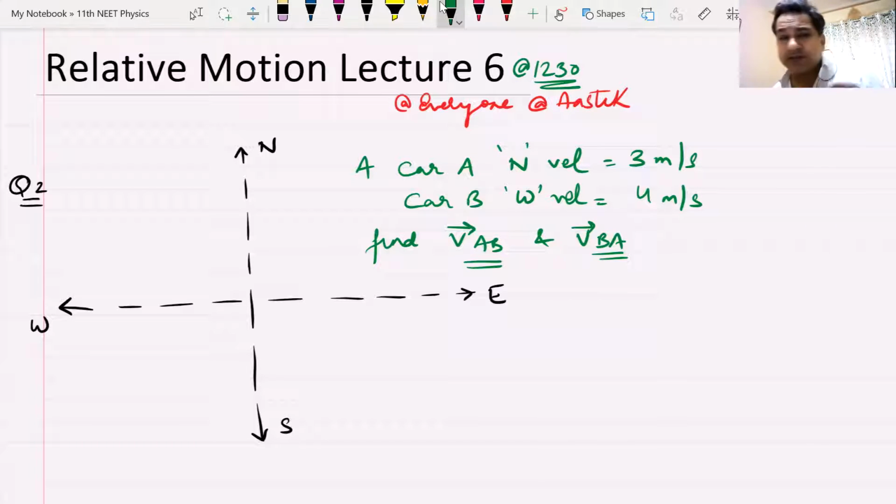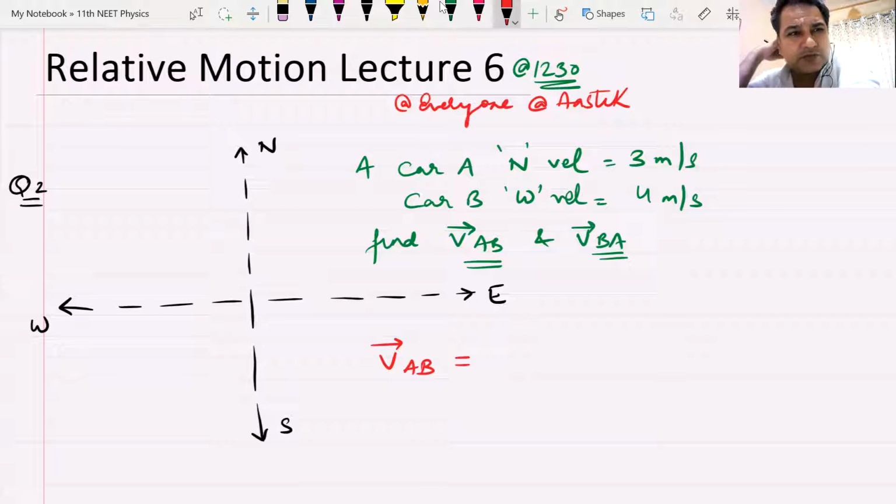Niharika, can you unmute yourself and tell me how you have done this? Sir, can you hear me? Yes, beta, tell me. Sir, we need to find the velocity of A with respect to B. That is correct. How are we supposed to do this?